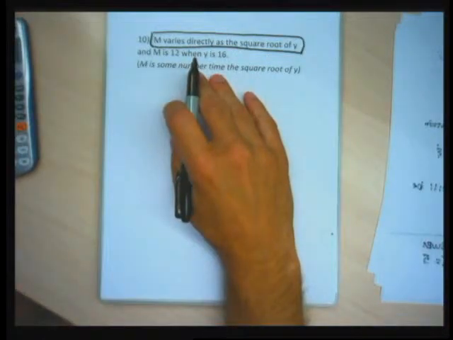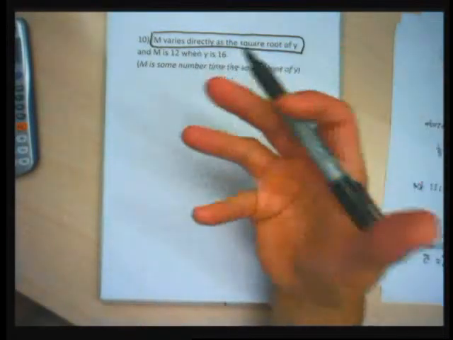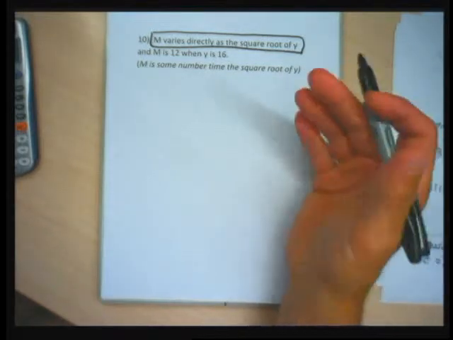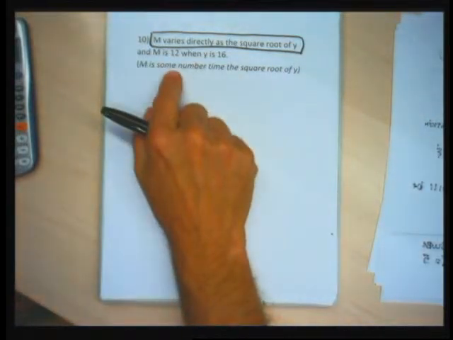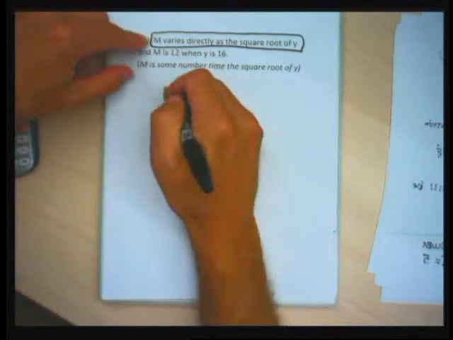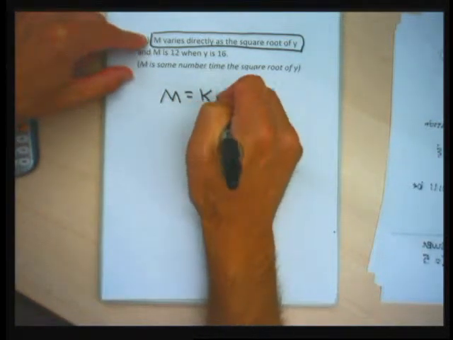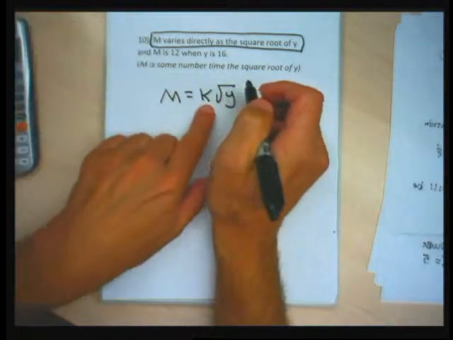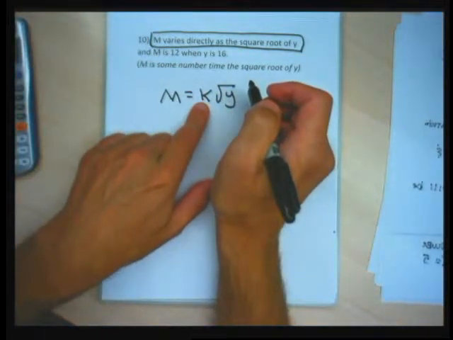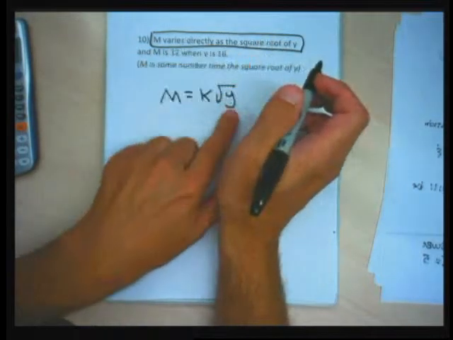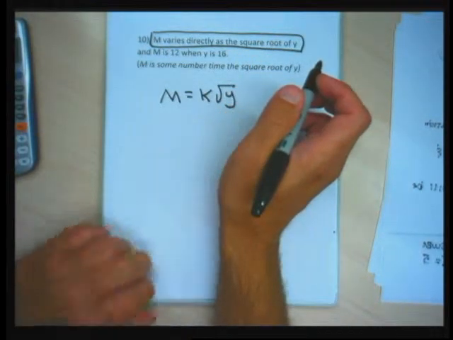If I get comfortable with directly is multiplied, jointly is multiplied but there's two letters after the K, inversely is divided with a K in the numerator of a fraction, then I don't need to do this little parenthetical comment. So this sentence, M varies directly as the square root of Y: varies directly as a multiplying. For the varies directly part, I need a new letter, K, and for the Y, I'm putting it under a square root symbol.